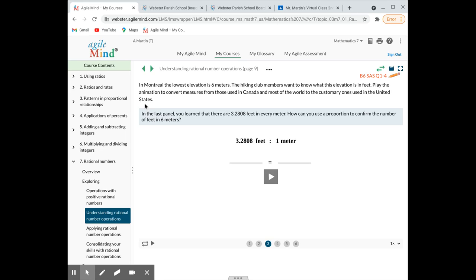Read this for us, Deonti. Montreal. The lowest elevation is 6 meters. The hiking club members want to know what the elevation is in feet.